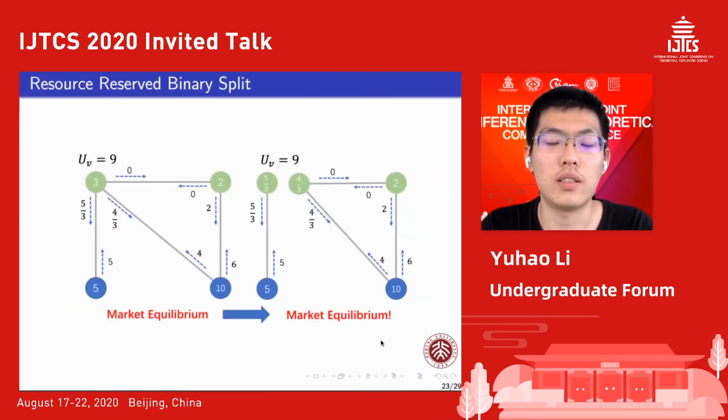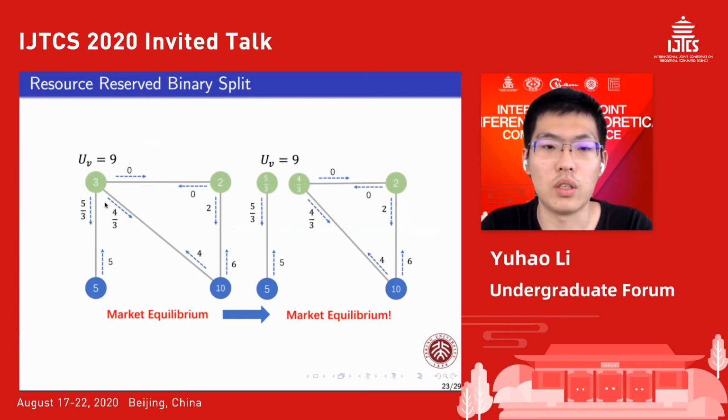This is one of our main techniques to prove this result, called resource reserved binary split. In the original network, here is a market equilibrium allocation.